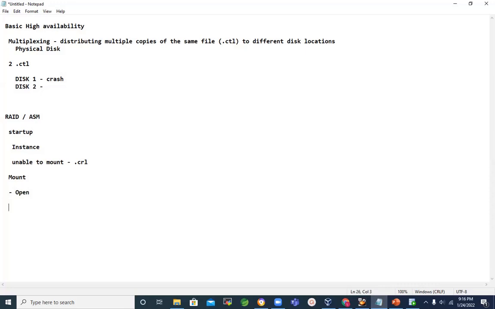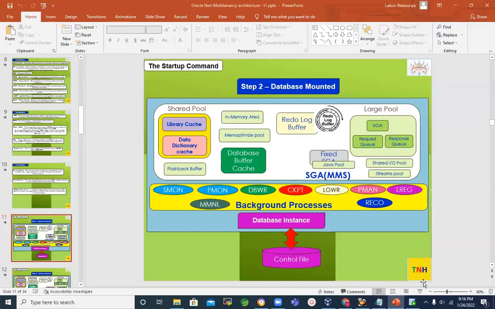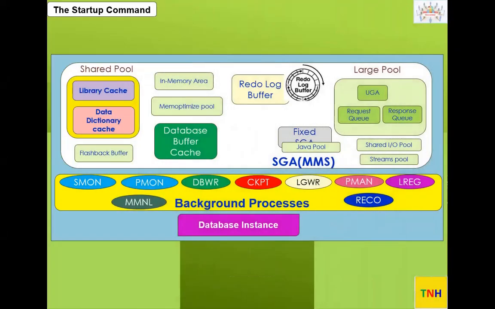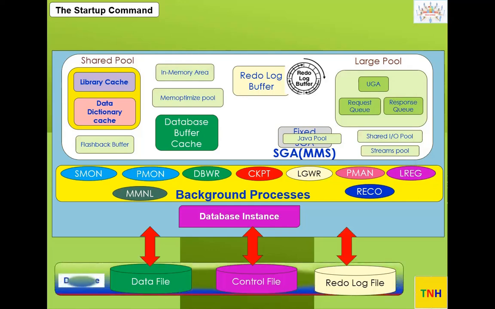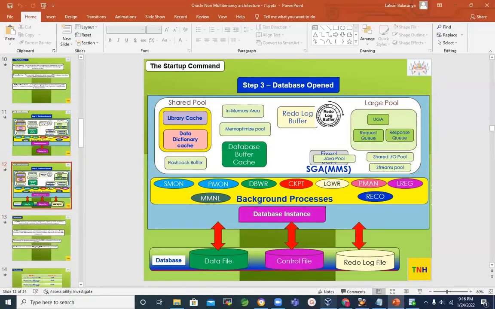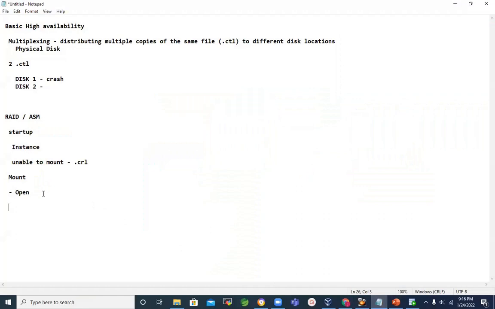What happens during open? Open the DBF files as described in the control file. That is what's going to happen. Now that step fails. Open fails.